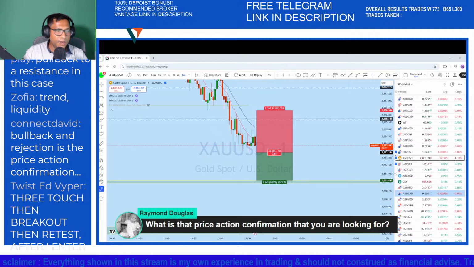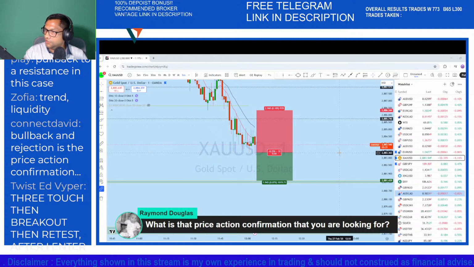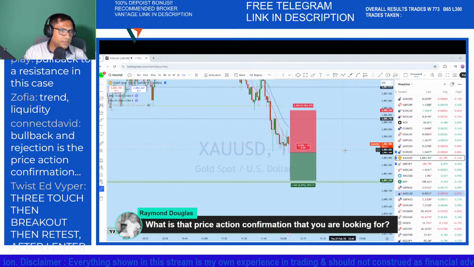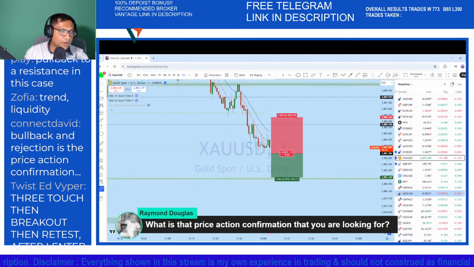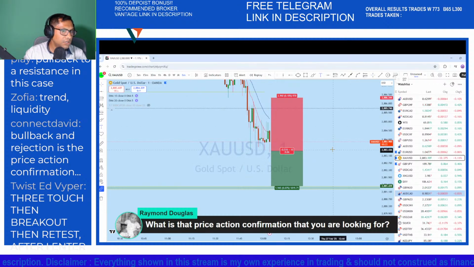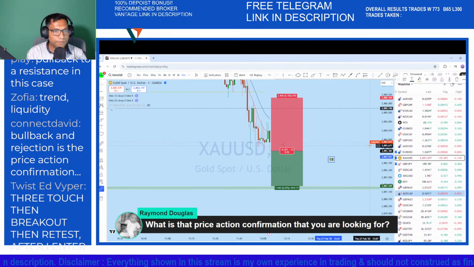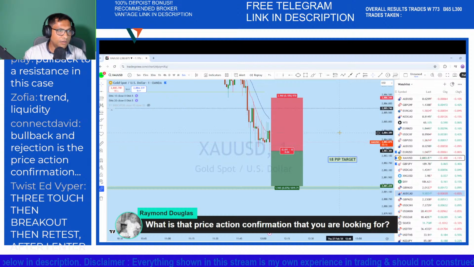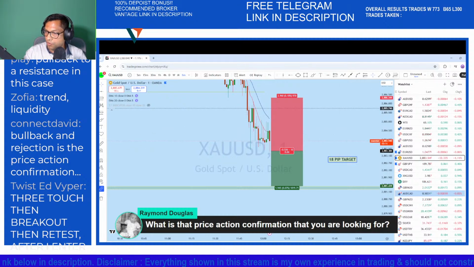Okay, so we placed the sell stop here in that area, and want to see it coming down. So our target here is around 18 to 19 pips. The risk is very tight, guys, so make sure that you do proper risk management, which is very important. Without risk management, no trade is allowed to open.